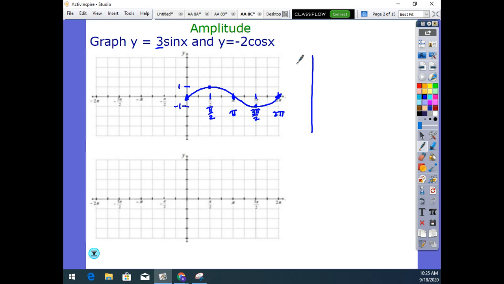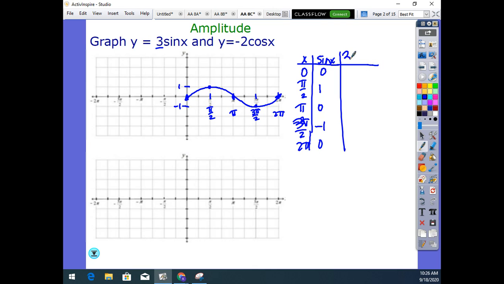What happens if I multiply? So let's first think about this as a table. 0, pi over 2, pi, 3 pi over 2, and 2 pi. Sine of x: sine of 0 is 0, sine of pi over 2 is 1, sine of pi is 0, sine of 3 pi over 2 is negative 1, and sine of 2 pi is 0.